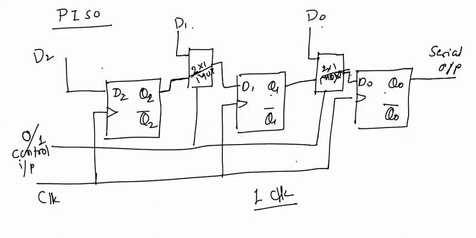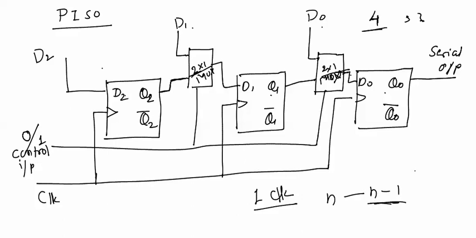Now, for taking the data serially at the output, if the data is stored in the flip-flop, we know that earlier we had 4 bits. For taking the 4 bits at the output, we require only 3 clock pulses. So for n bits we will require n minus 1 clock pulses.